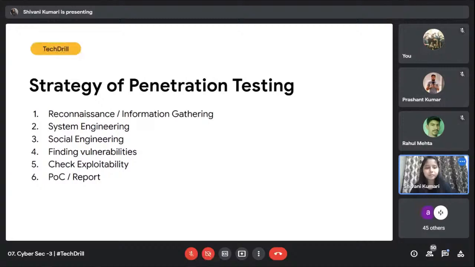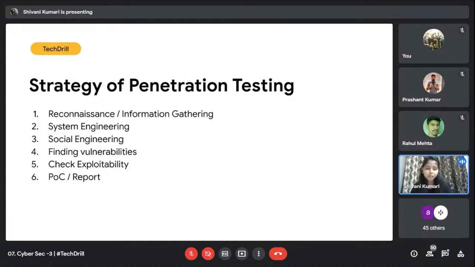So yeah, coming to the next step, which is social engineering. It's a combination of understanding, faking something, and also human psychology. In this, we make the victim believe that you are the right person and then attack that particular victim.